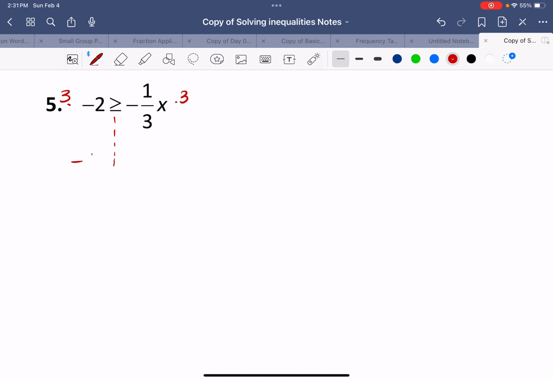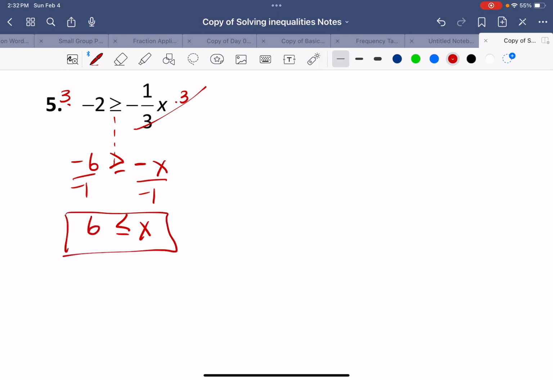So then I get -6 is greater than or equal to -x. See, I get rid of those. So I'm left with -1 times x, which is -x. Don't forget the rule now, because I'm going to divide by -1 on both sides. I have to flip my sign. And so now I'm left with x, negative divided by negative is a positive. This is my answer for this problem.